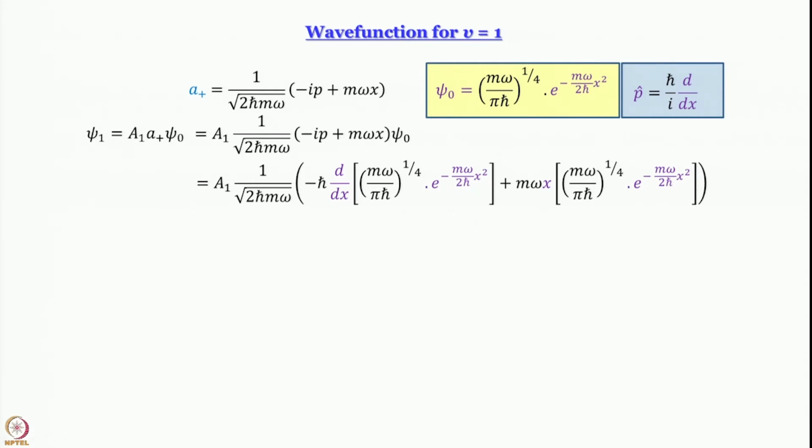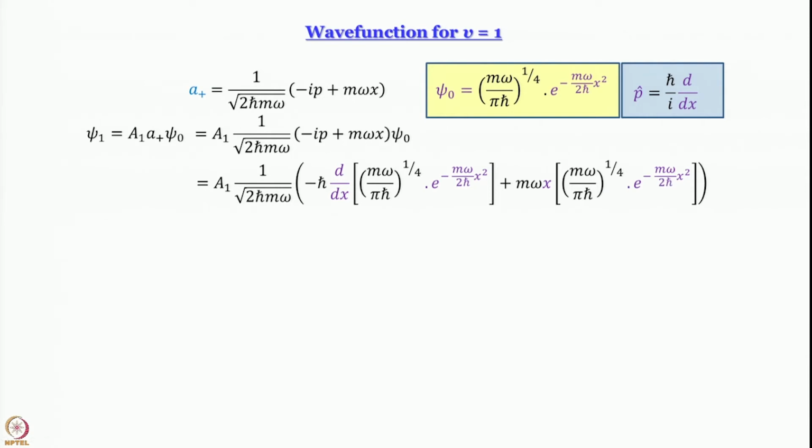In case you are confused by me rattling out all these expressions, please go through this yourself and convince yourself that what we have said is correct. The first term here is just an expansion of minus i p psi 0. What about the second one? Second one is easier, m omega x psi 0, m omega x is there, we just write the expression for psi 0 in this expression.